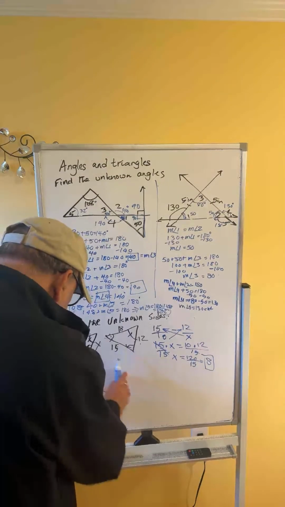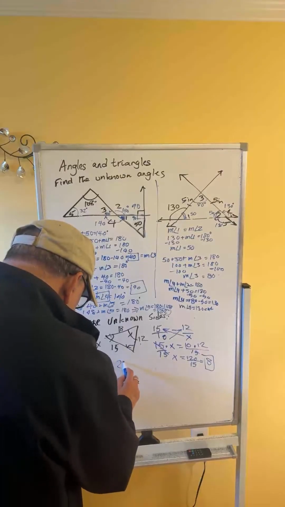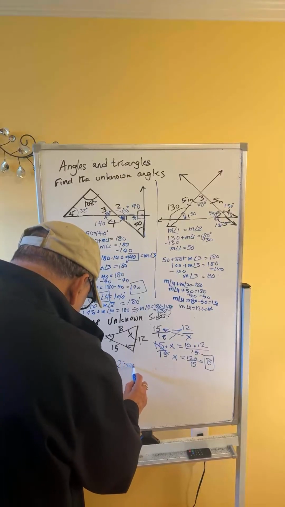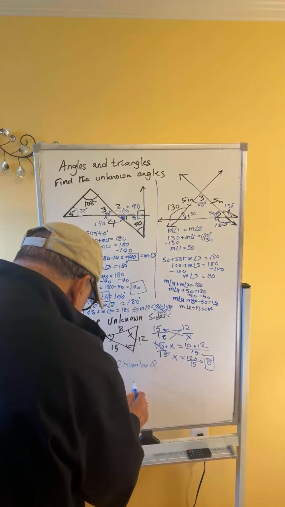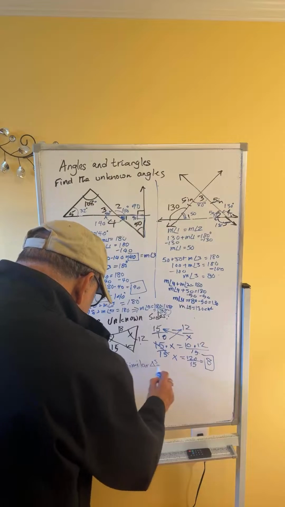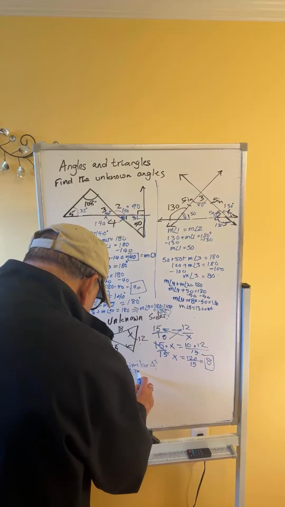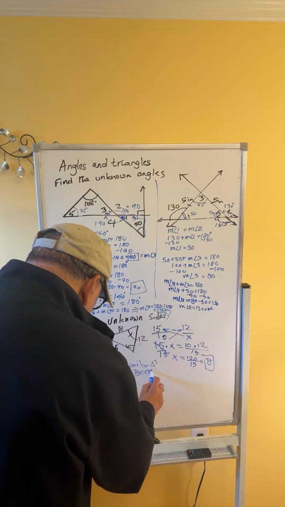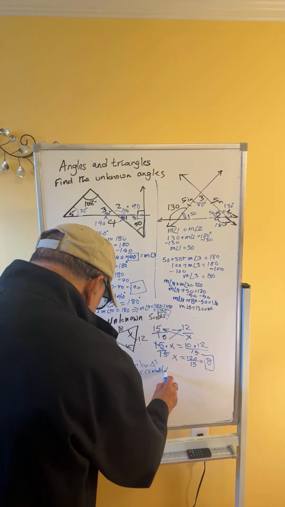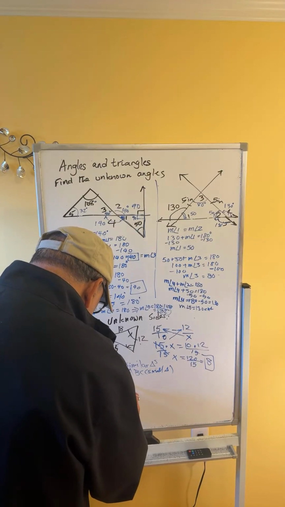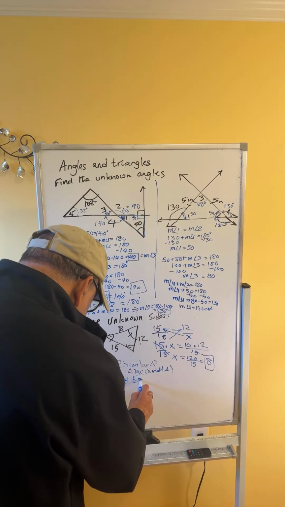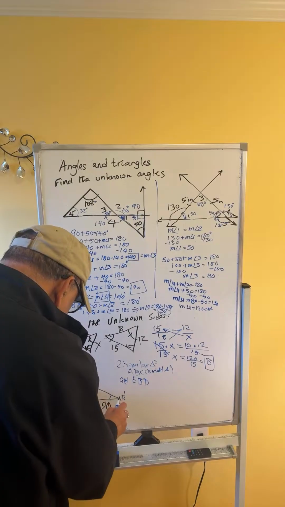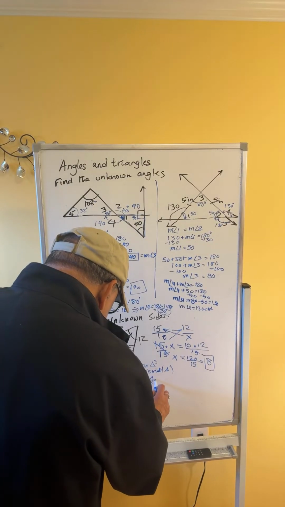So let's talk about two similar triangles. What are these? These are ABC, the small triangle, and EBD, the large triangle.